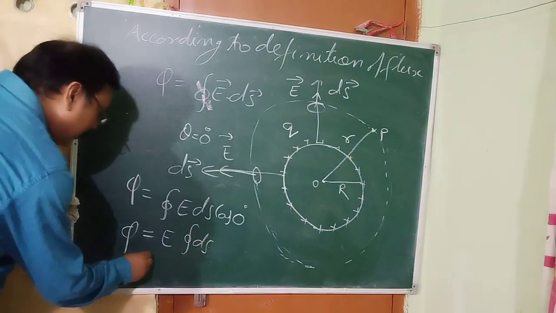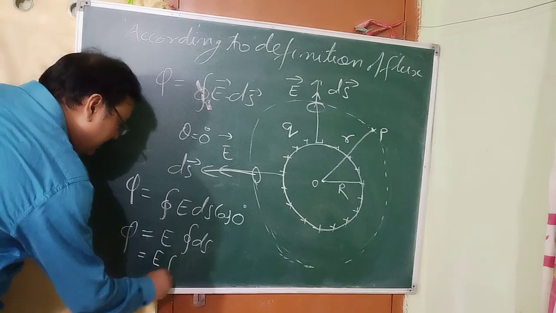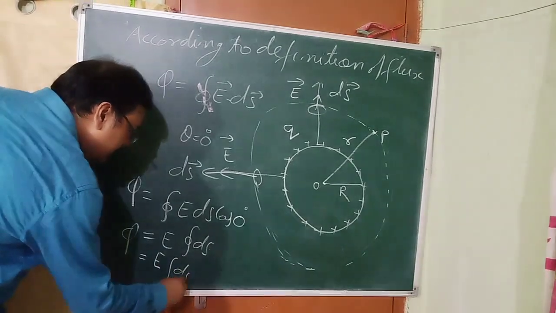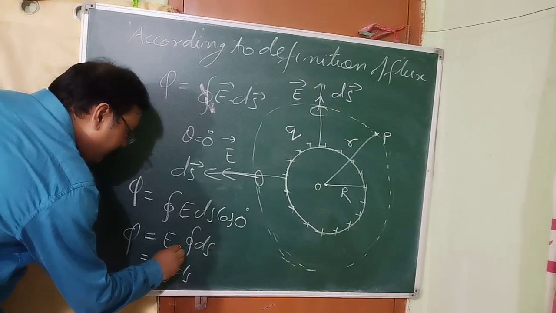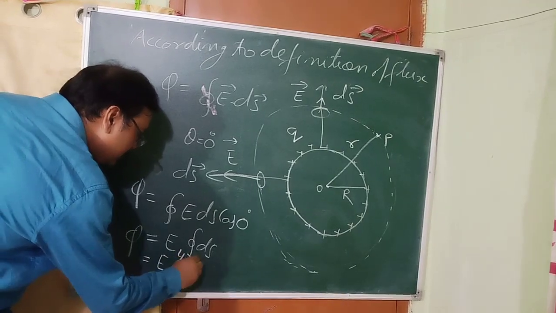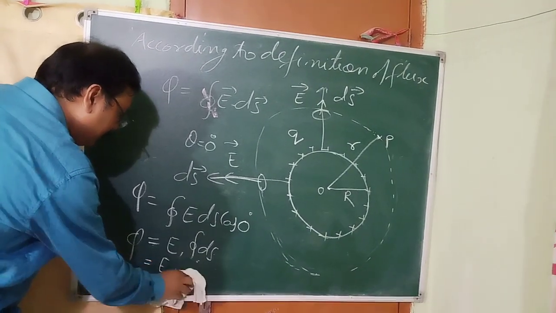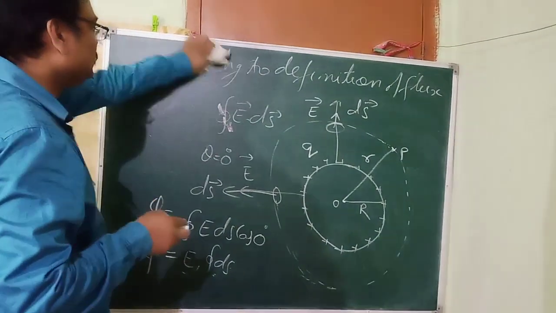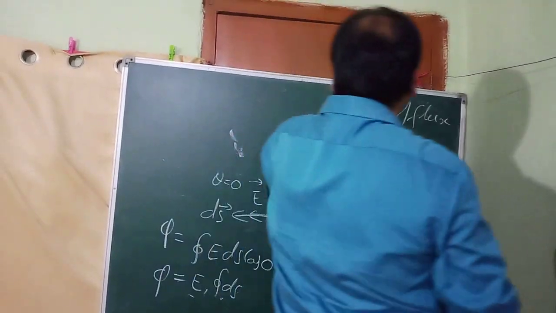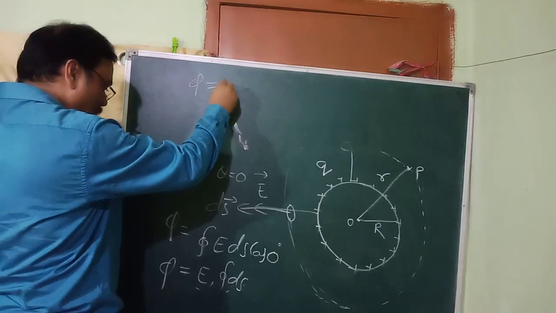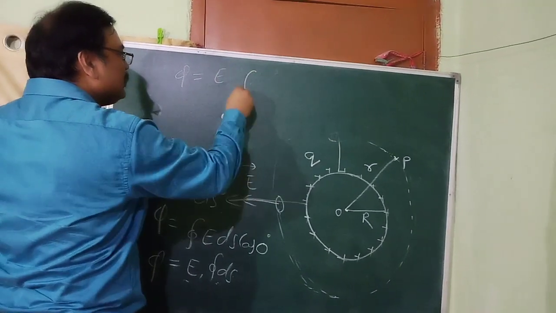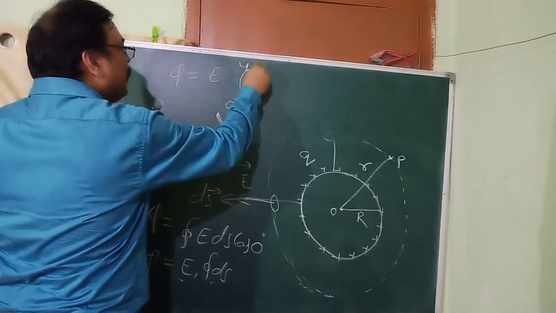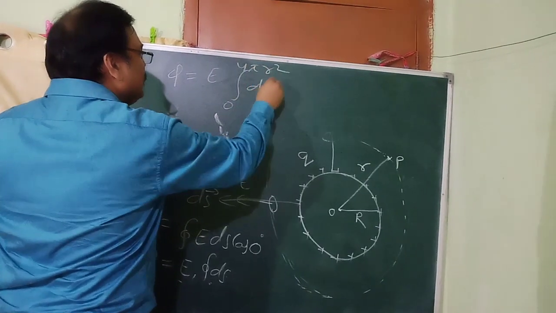So we can integrate this, E integration ds from 0 to 4 pi r square. I will write somewhere else, it becomes unclear. So I can write over here. Phi is equal to E integration from 0 to 4 pi r square of ds.